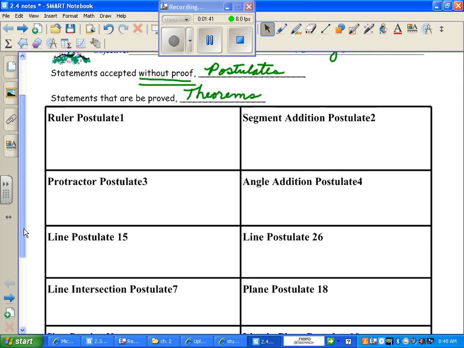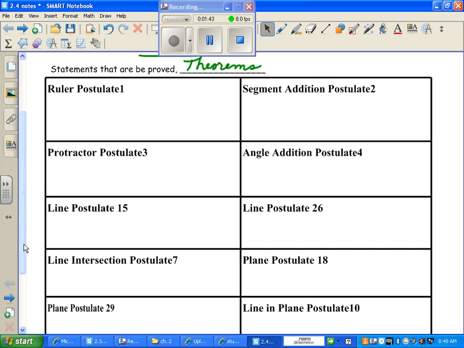And the first couple are ones that we already know from the first chapter of geometry. So the ruler postulate is, if you have a segment, let's call it XY, and you had a ruler lined up to it, and you had corresponding numbers to those coordinates X and Y, you could find the length of that segment when you take the coordinate that's associated with X and subtract it from Y. You'd get the length.